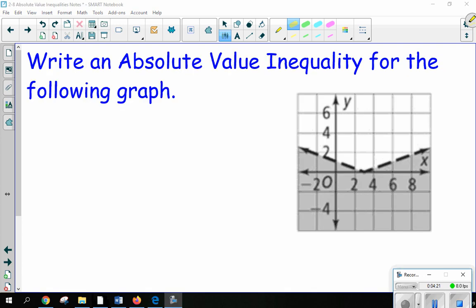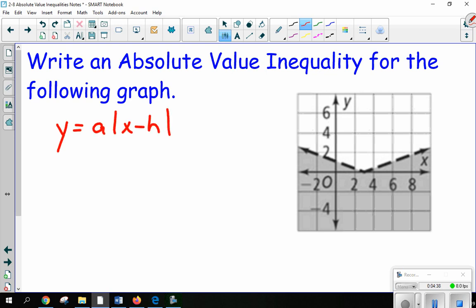Now, this one is a little bit more tricky just because you're doing the opposite. Instead of being given an equation or an inequality, they give you the graph and you have to write the inequality. So I have to think of the standard form of the inequality as just y equals a times the absolute value of x minus h, plus k. And I have to fill in the a, the h, and the k by looking at the graph.